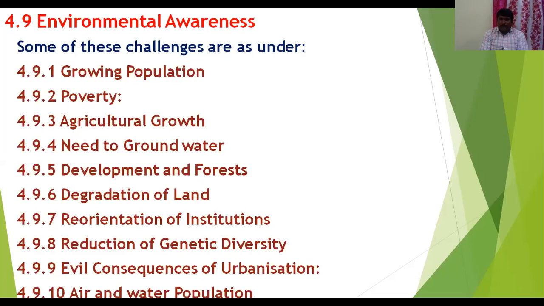And the 10th is air and water pollution. The majority of our industrial plants are using outdated and polluting technologies and makeshift facilities devoid of any provision for treating their wastes.